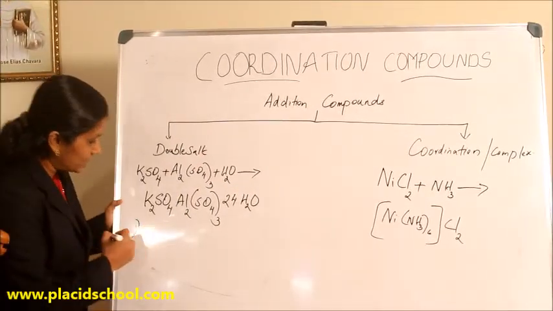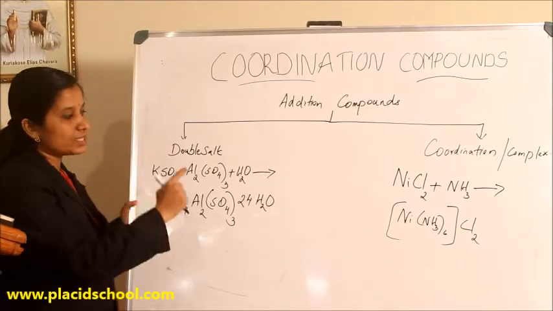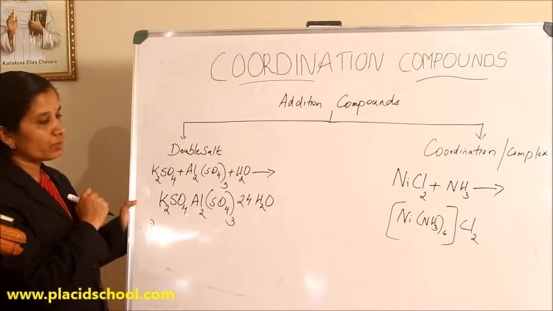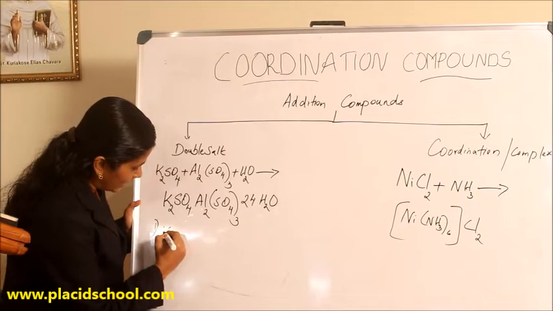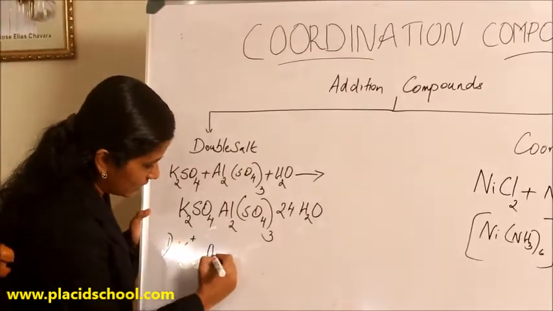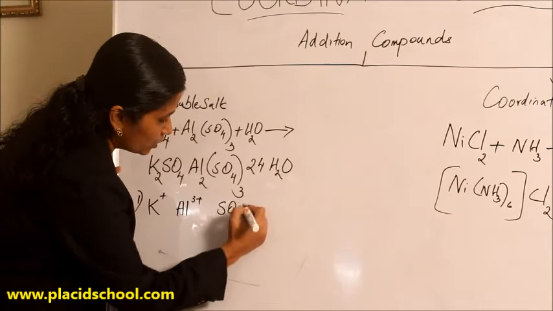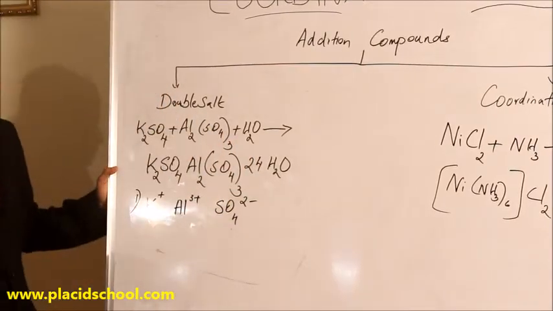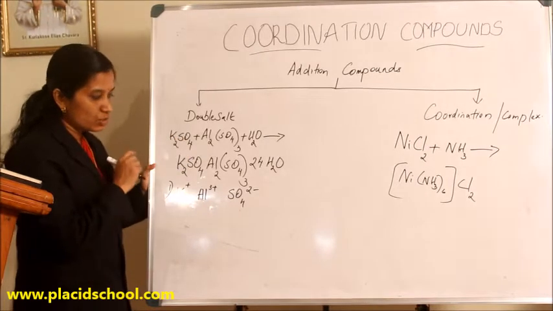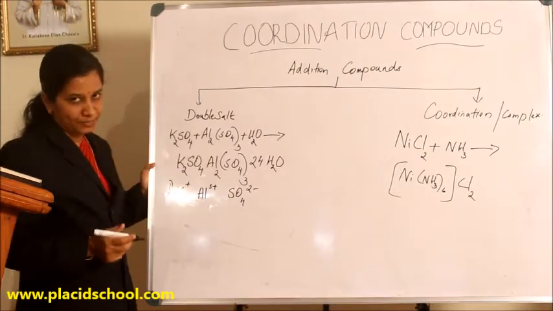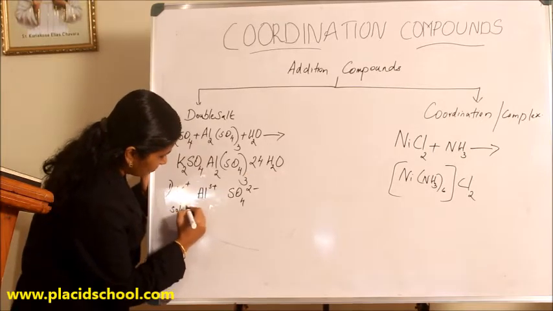The first difference is that when this potash alum is dissolved in solvent like water, it splits into constituent ions like K+, Al3+, and SO4 2-. That means this double salt exists only in solid state. That is the first difference.